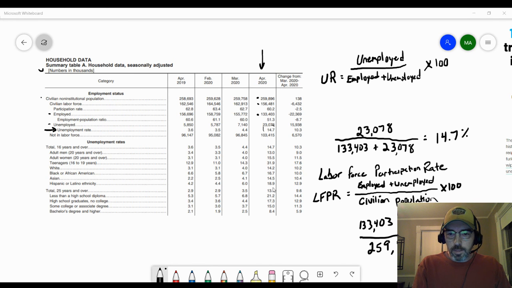Got 133,403 plus 23,078 divided by 259,896 times 100, and I get 60.2%. So about 6 out of 10 adults, 6 out of 10 people over the age of 16 in America are working or attempting to work.